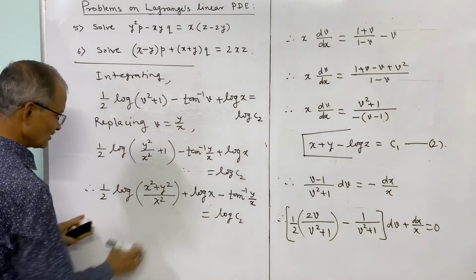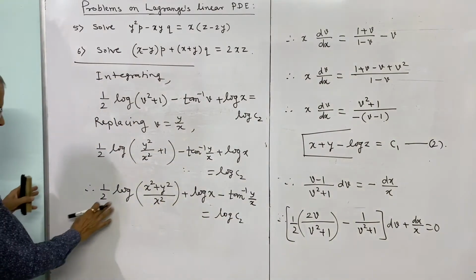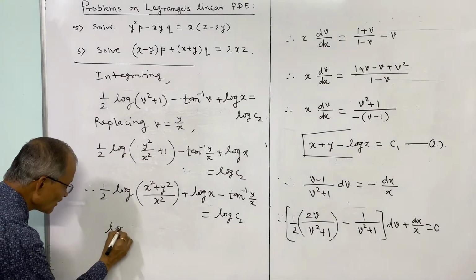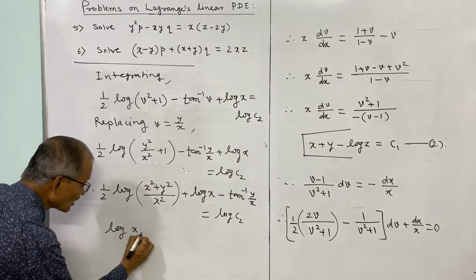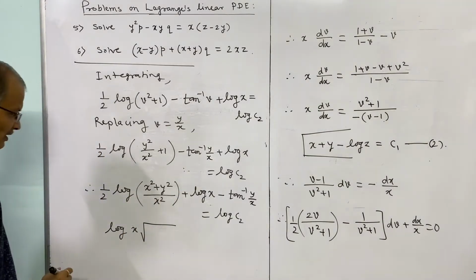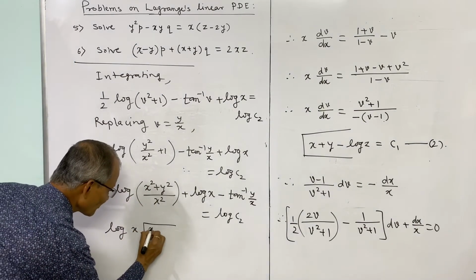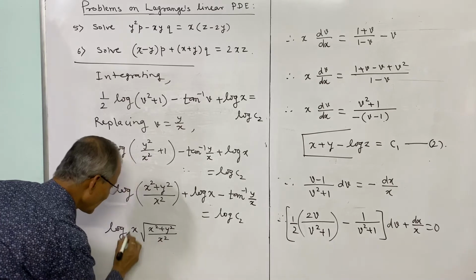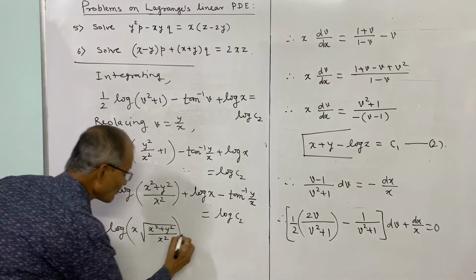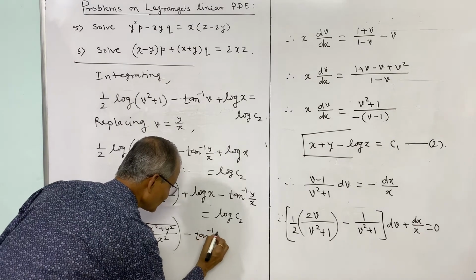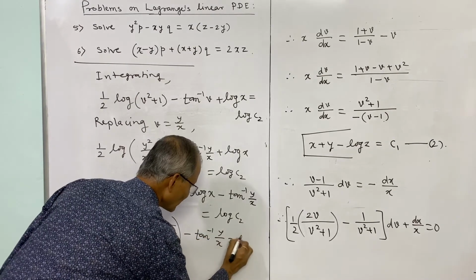Finally, this is the product of these two, and this half is to be taken here. So log of x into the square root of (x square plus y square divided by x square), since half power means root, minus tan inverse of y upon x is equal to log c2.